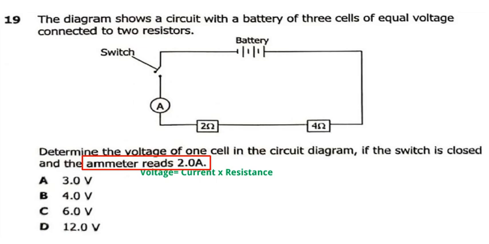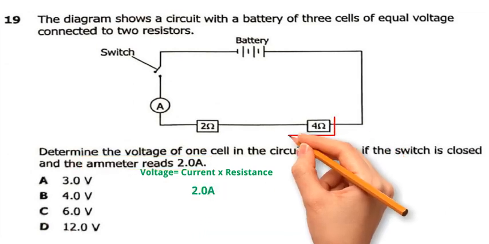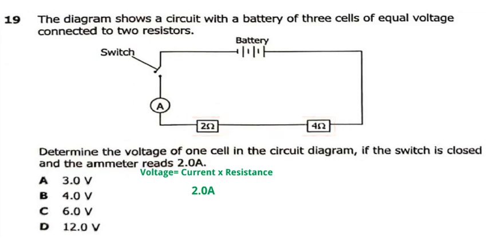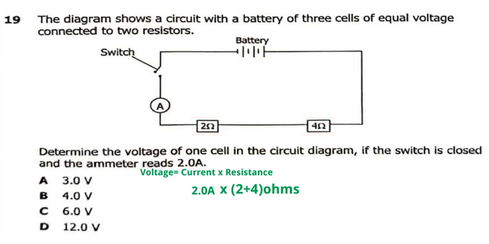So we are going to write 2.0 amps, then times resistance. We are given 2 resistors, which are 2 ohms and 4 ohms. So we say times, open bracket, 2 plus 4 close bracket ohms.